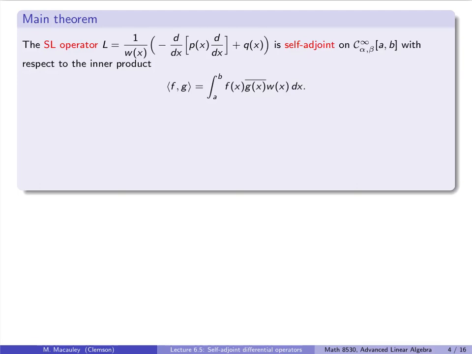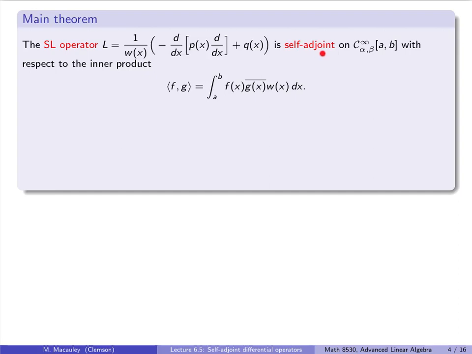If we fix an interval [a, b] and boundary conditions given by alpha and beta, as I put on the previous slide, then the Sturm-Liouville operator L happens to be self-adjoint on the vector space of smooth functions on that interval with those boundary conditions.